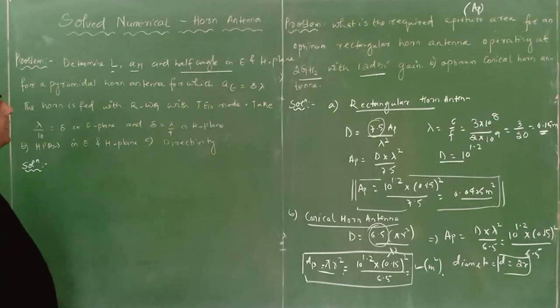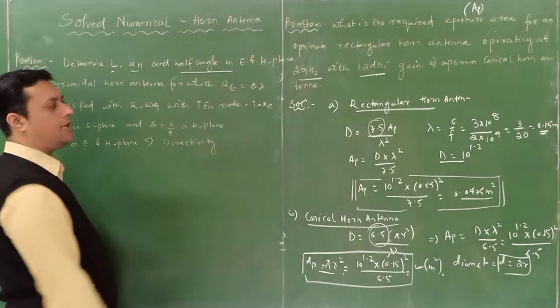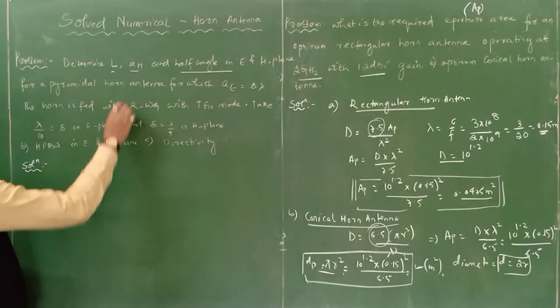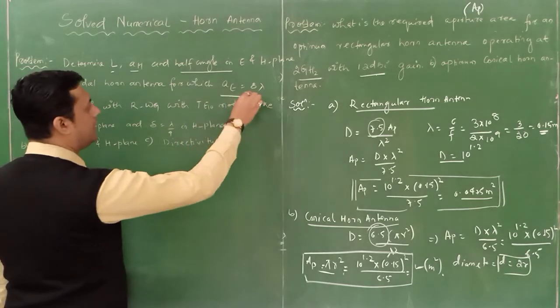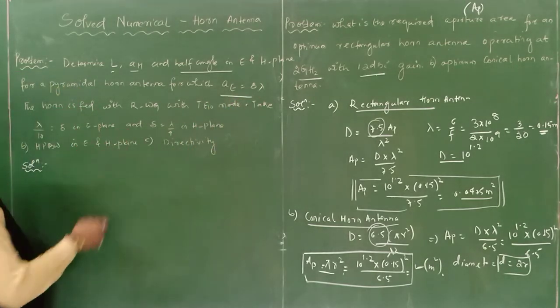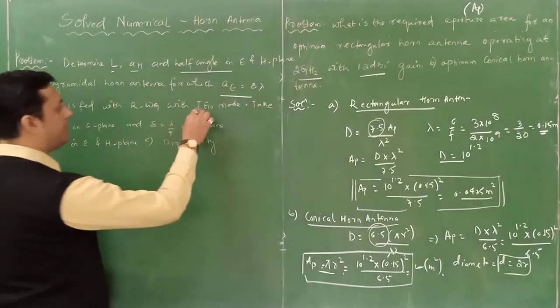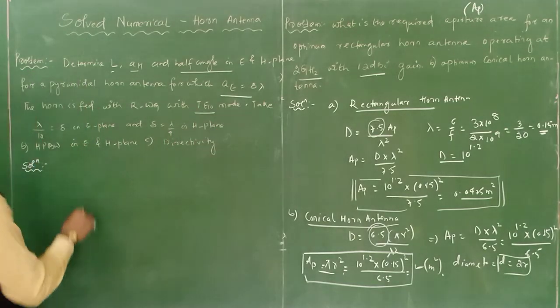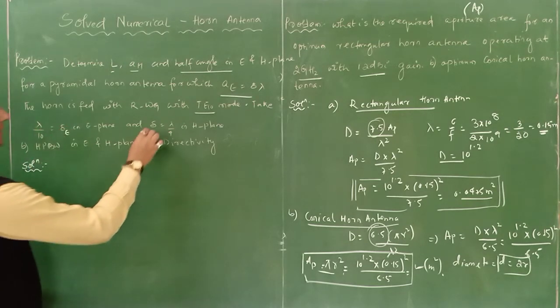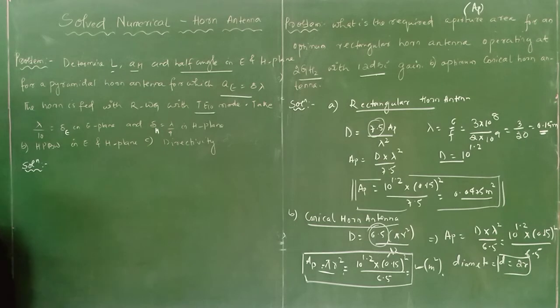Aperture area for AH and half angle theta E by 2 and theta H by 2 we have to calculate for a pyramidal horn antenna for which AE is 8 lambda and the horn antenna is fed with the rectangular waveguide operating in a TE10 mode. We have to take del E as lambda by 10 and del H as lambda by 4 for H plane, and this is for E plane. We have to calculate half power beamwidth for E and H both and directivity.